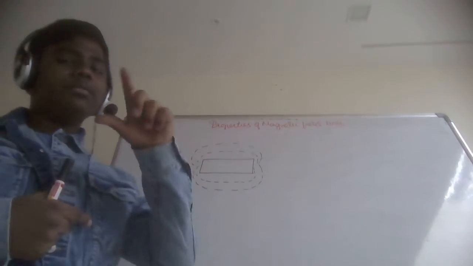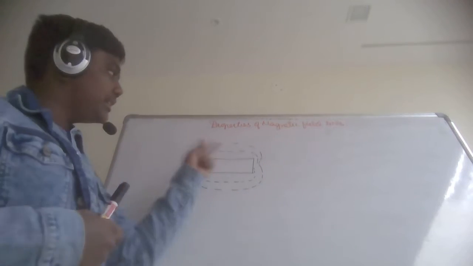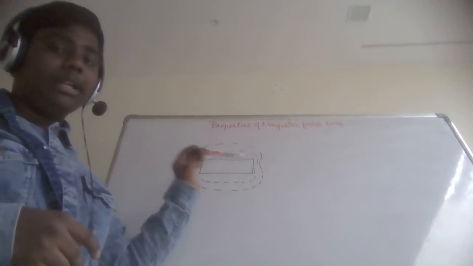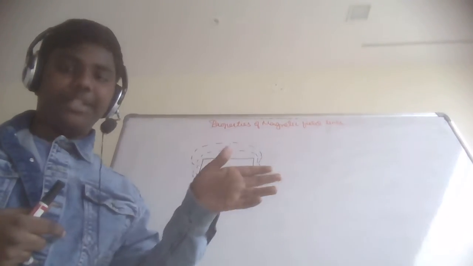If we take a normal iron bar, like this duster, the iron filings wouldn't form this shape, but they do with a magnet, because the magnet provides a magnetic field.